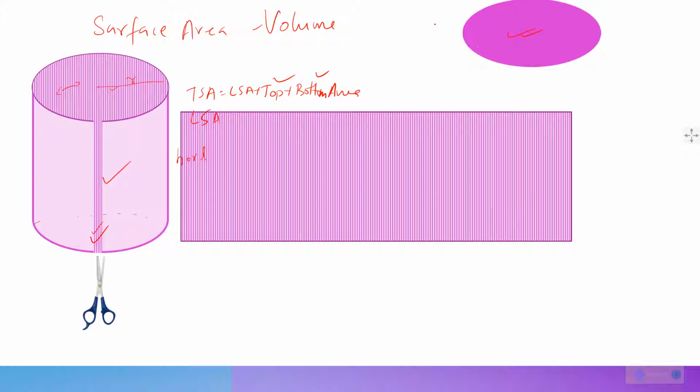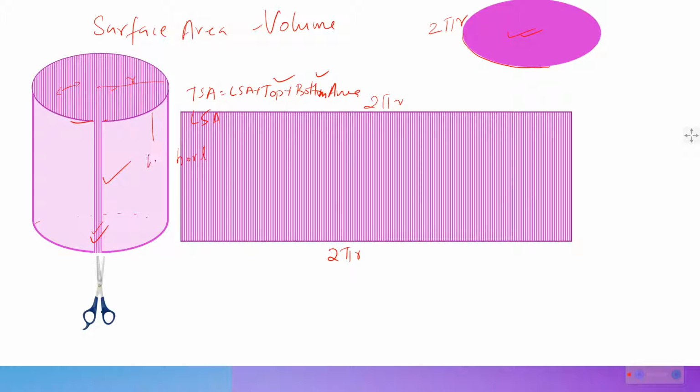This circle is having its circumference 2 pi r. Total length from here till here, one round, that 2 pi r became the top and bottom over here, right?